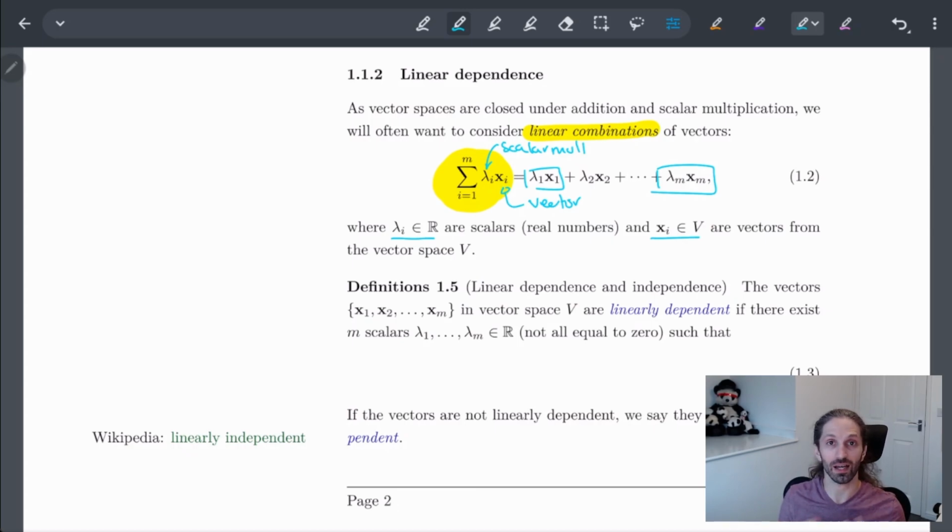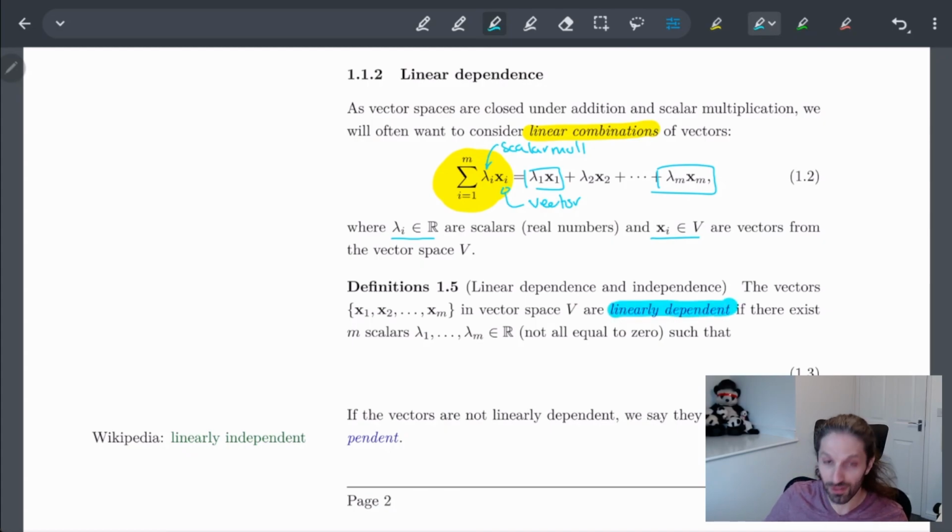The idea here is, when is a vector dependent on other vectors? In other words, when is it a linear combination of some other vectors? Well, when is this the case? So we have linear dependence.